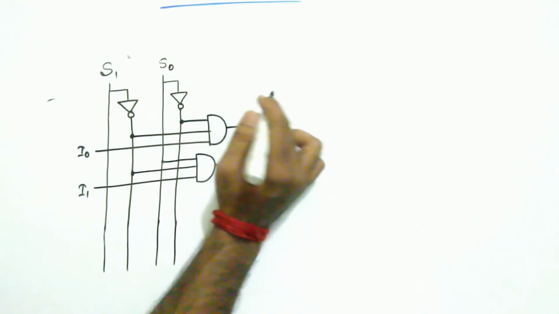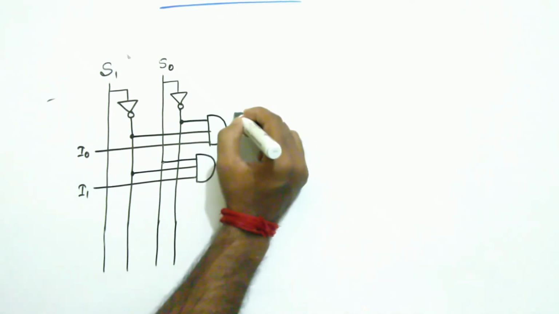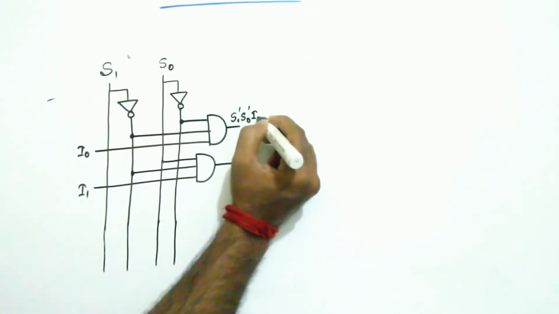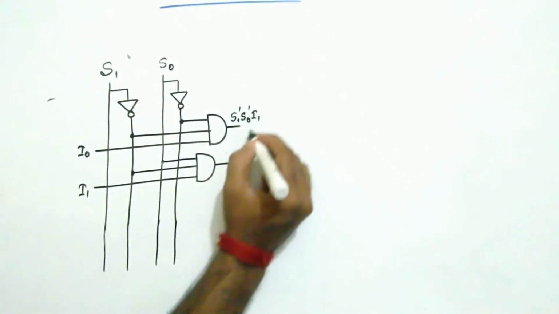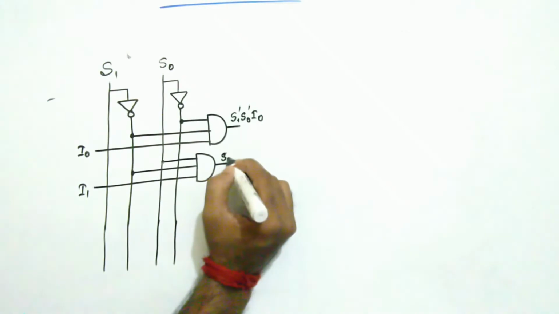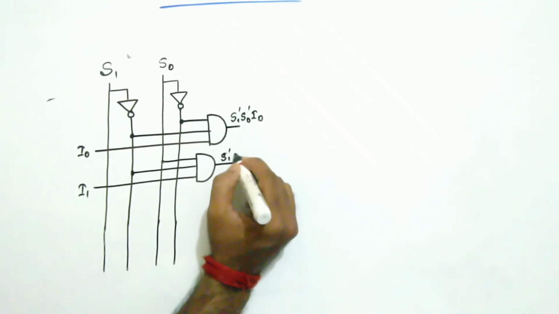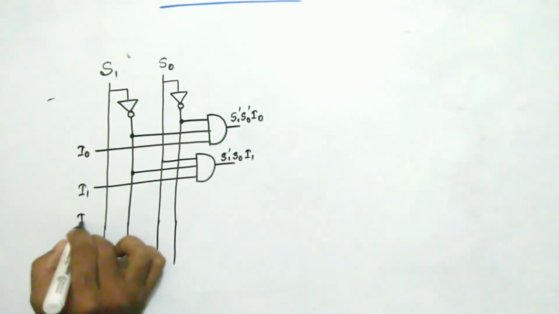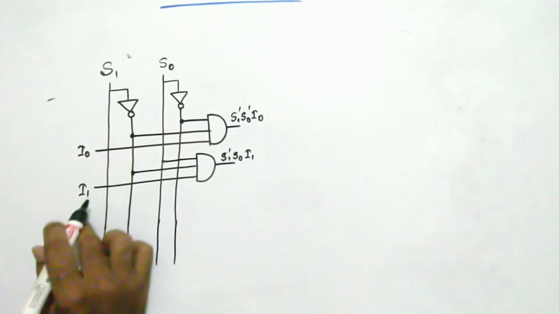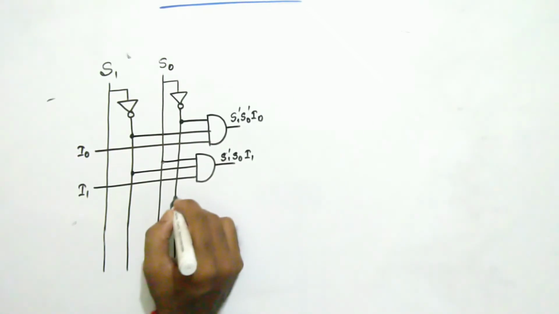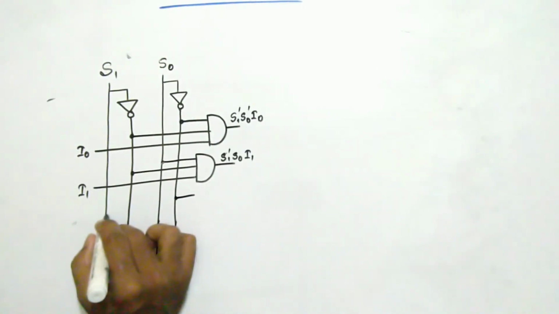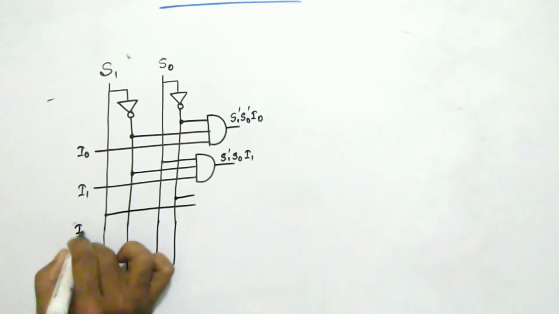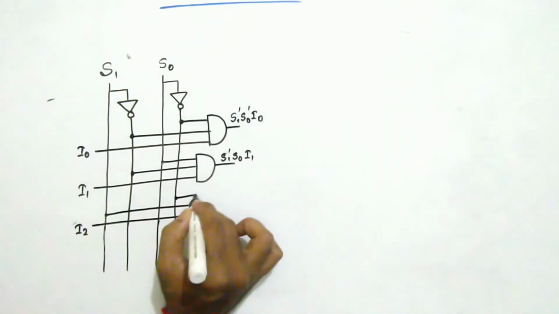This gives S1 complement S0 I1. The third one we have S1 S0 complement and I2 as input.